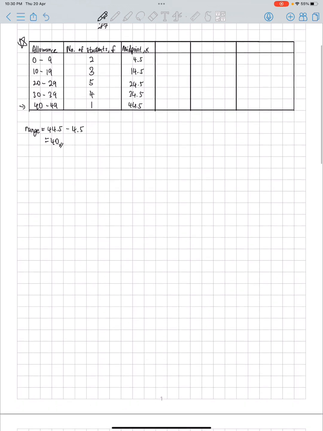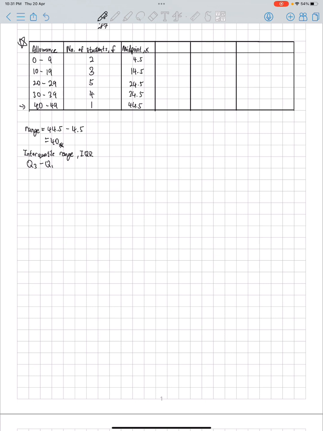Okay, so next is the interquartile range, which is also called IQR. There is only one formula to calculate interquartile range, which is Q3 minus Q1, meaning quartile 3 minus quartile 1.